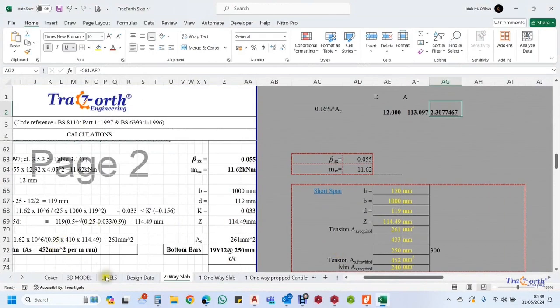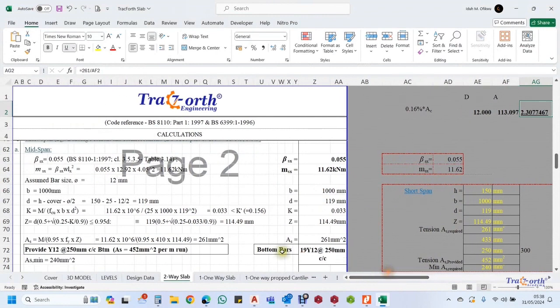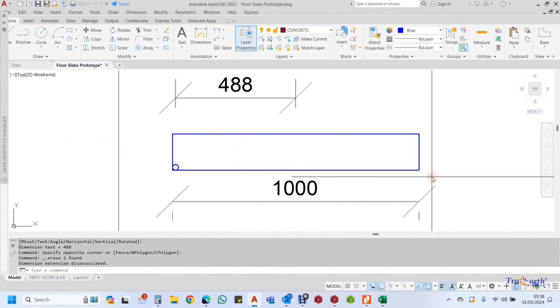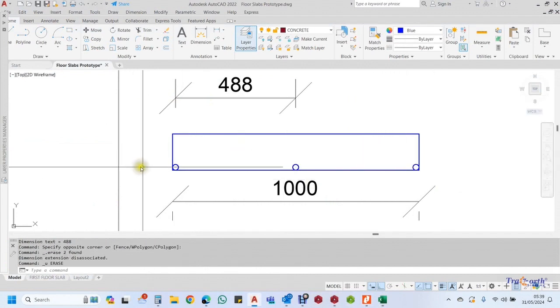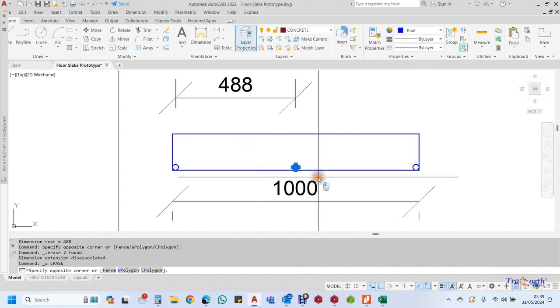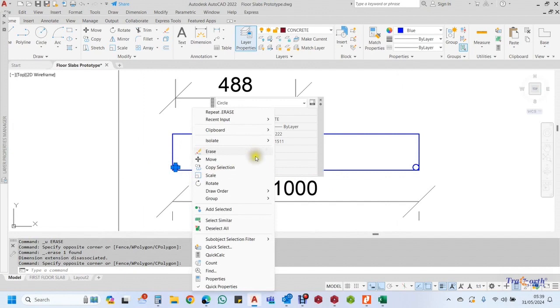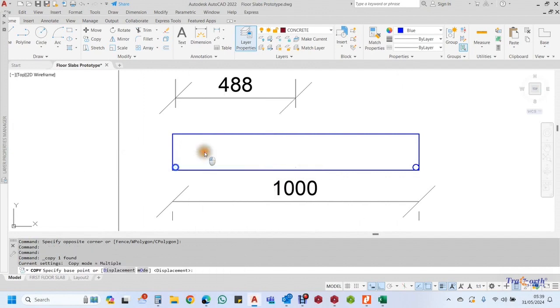So in this case, I am going to provide 250. Meaning when I'm detailing this bar, I am going to provide this. I'll say, okay, between this, I'm going to go for 250.